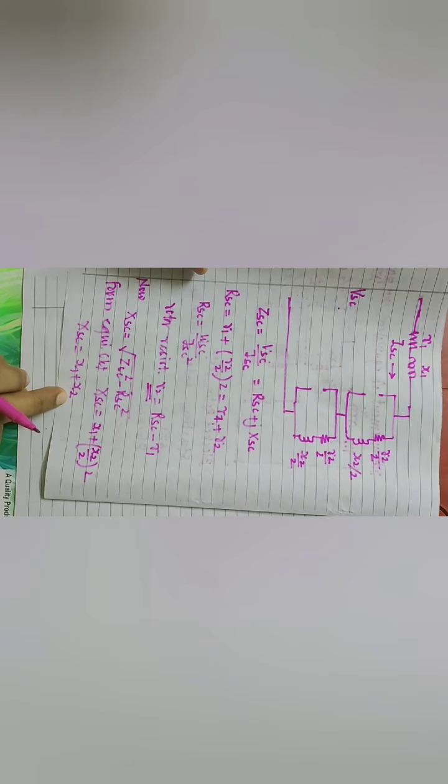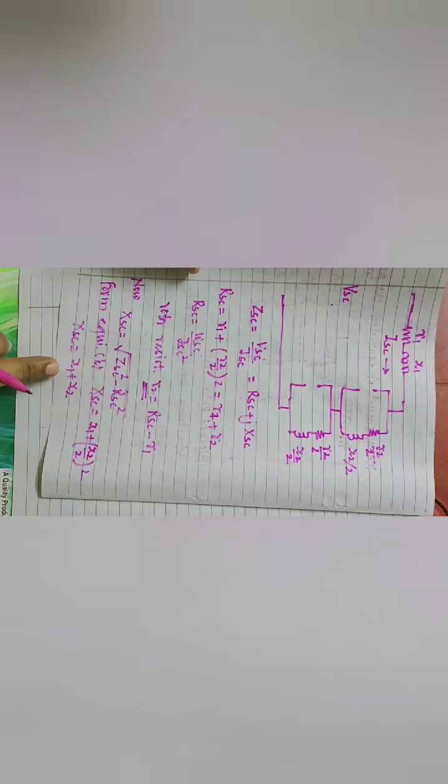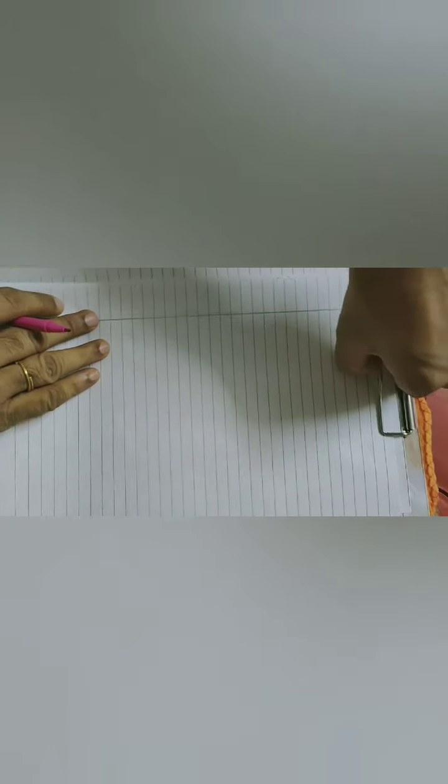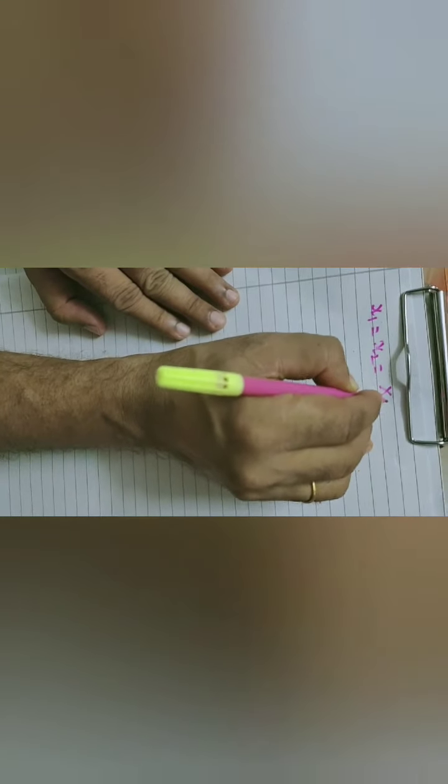So assume X1 and X2 are equal. Therefore stator main winding reactance is equal to rotor reactance, X1 is equal to X2 is equal to XSC upon 2.